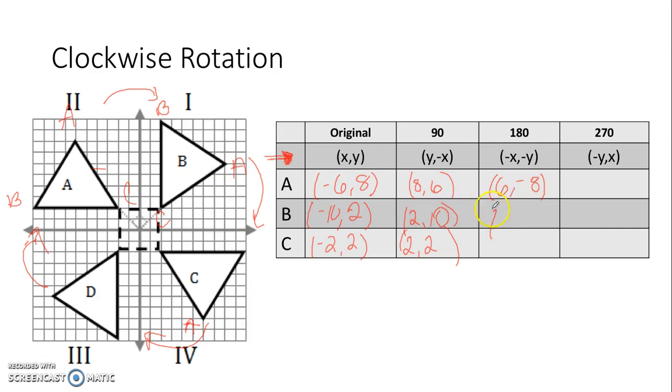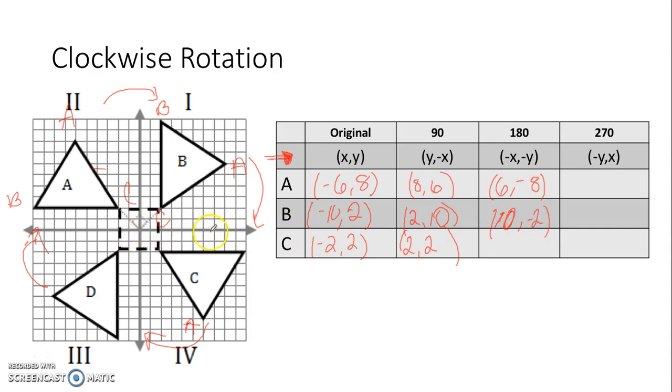Our point B, and once again we know that this is going to be a positive and negative because it's in the fourth quadrant. Okay, sorry, for B we're going to have positive 10 because it's opposite, and then negative 2.